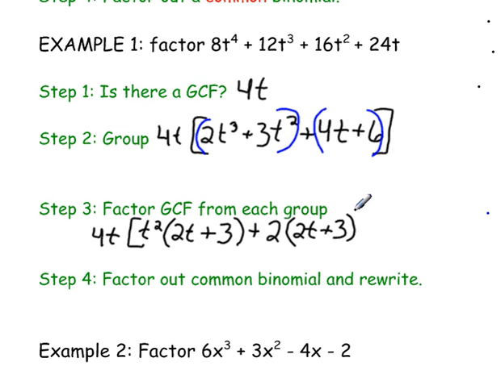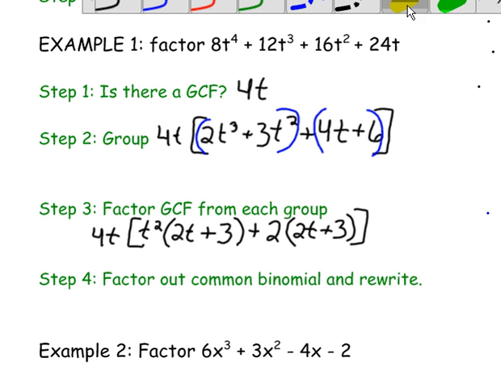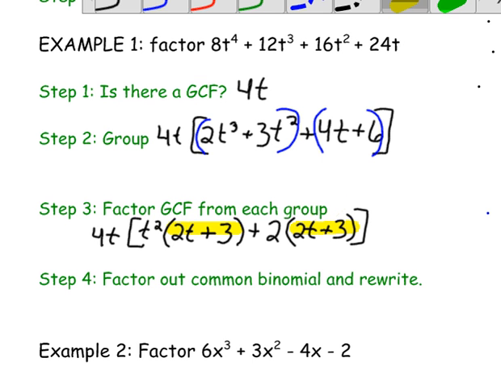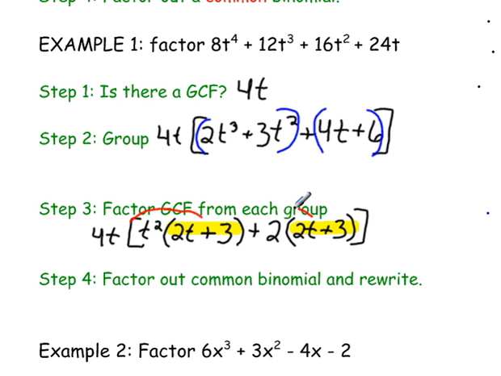If you'll notice now, I have two binomials that are the same. Here and here. This is a common binomial, so I can factor it out. Okay, we're gonna take it completely out. All right. So now what do I have?